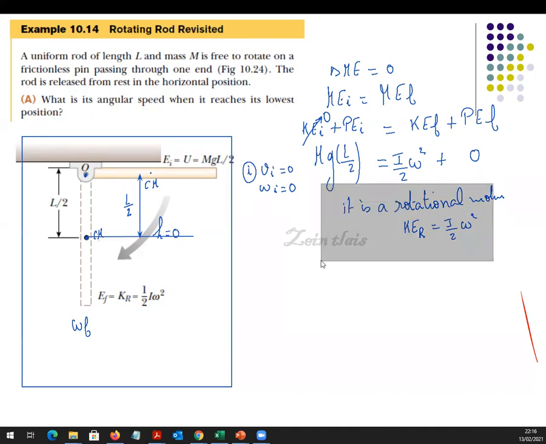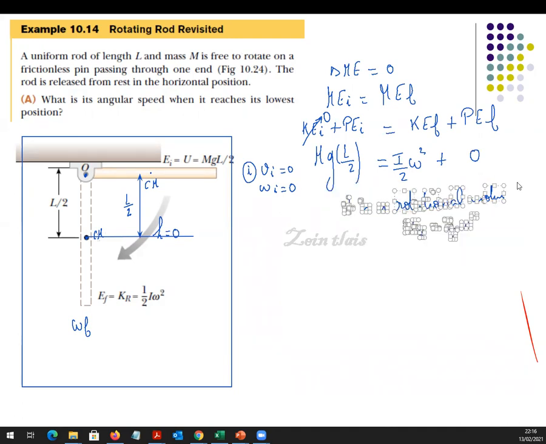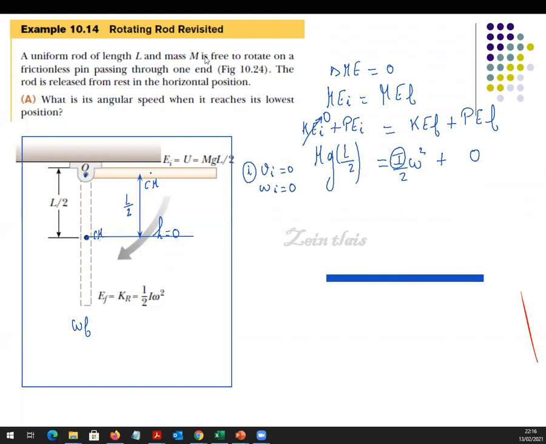Okay, now we have to calculate I. As you see, here we have a rod, and the axis is here.